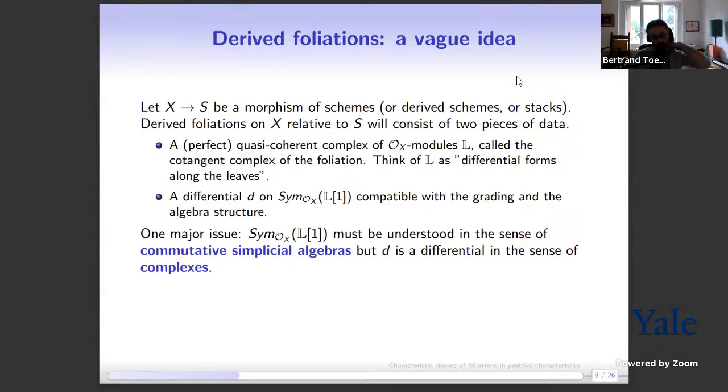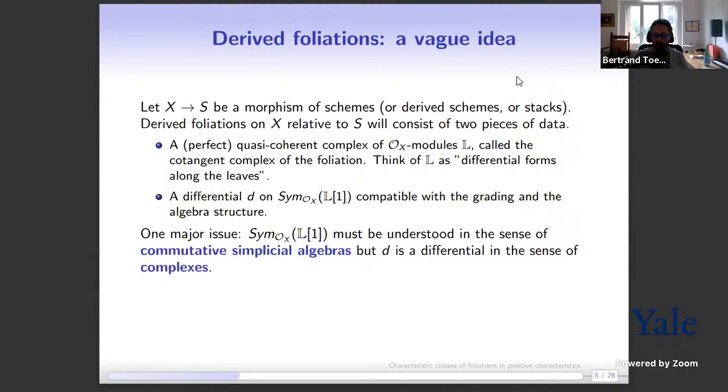And I must say that it sounds overcomplicated in some sense, but at the moment we don't have any simplifications of the definition we have. So it seems inherent to the subject that this compatibility between D and the simplicial algebra structure is a complicated thing.